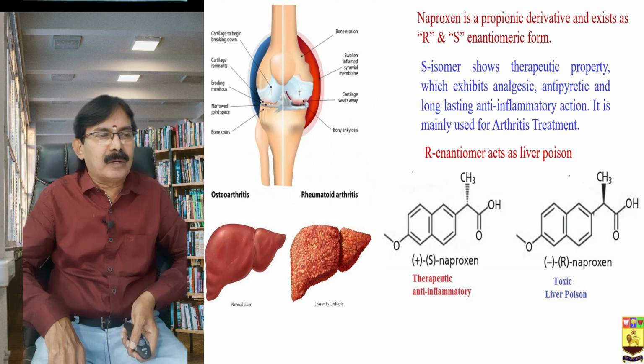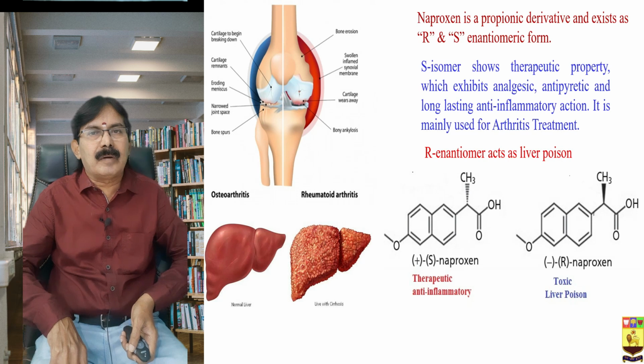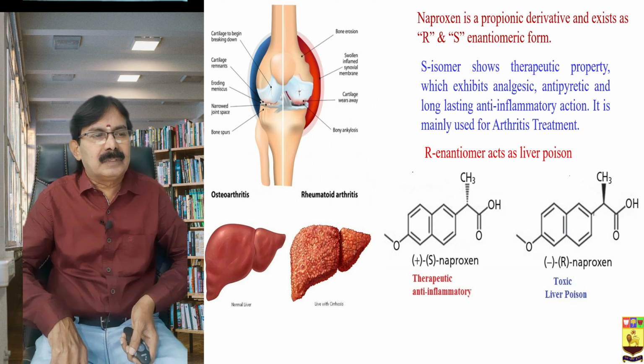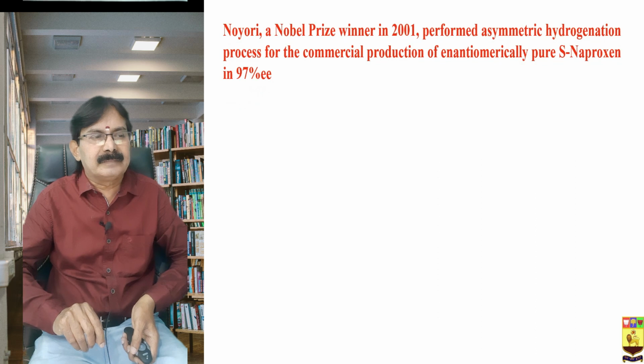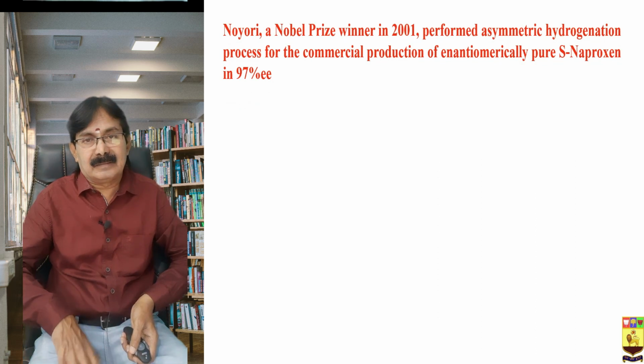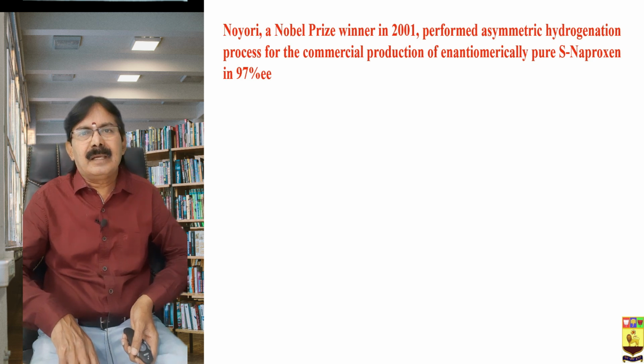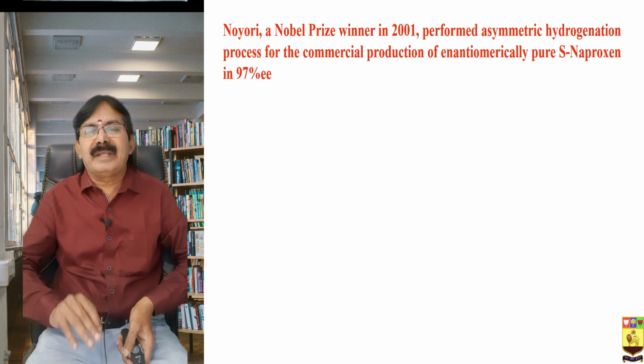So, Noyori, a Nobel Prize winner in 2001, performed an asymmetric hydrogenation process for the commercial production of enantiomerically pure naproxen in 97% enantiomeric excess. See, 97% is very high.